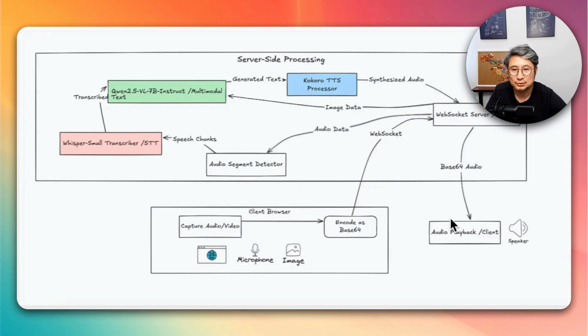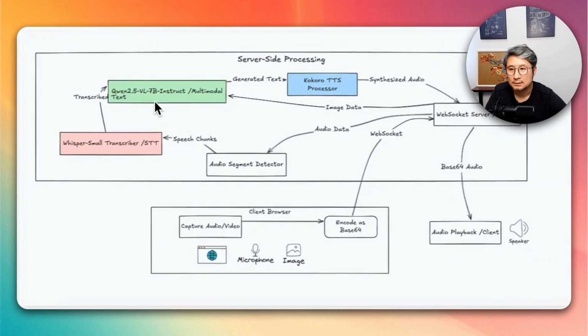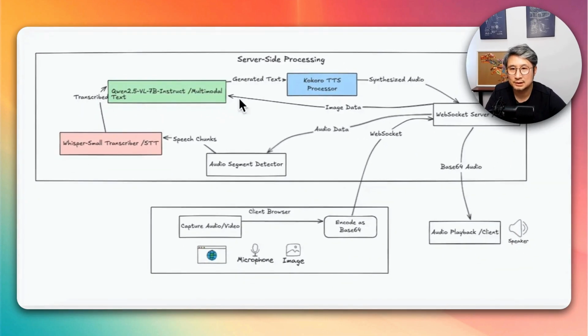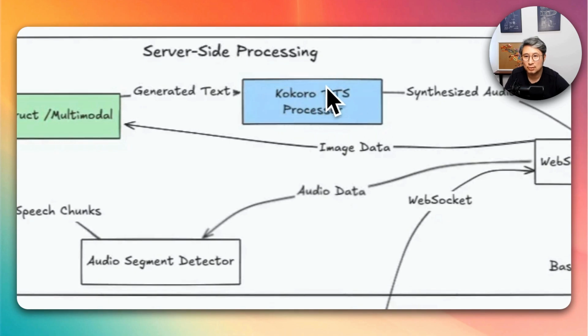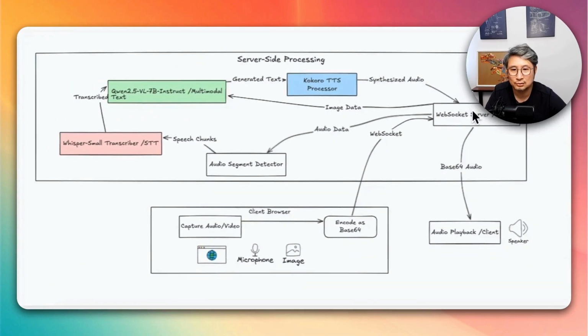The key was using a 3-stage pipeline: the Whisper Small model for the incoming audio, the Qwen 2.5 VL 7B Instruct model for multimodal processing, which combines the transcribed text with an image to generate a text response, and a text-to-speech model called Kokoro, which converts the text response back into audio and sends it back to the user front end. This was a big win for several reasons.